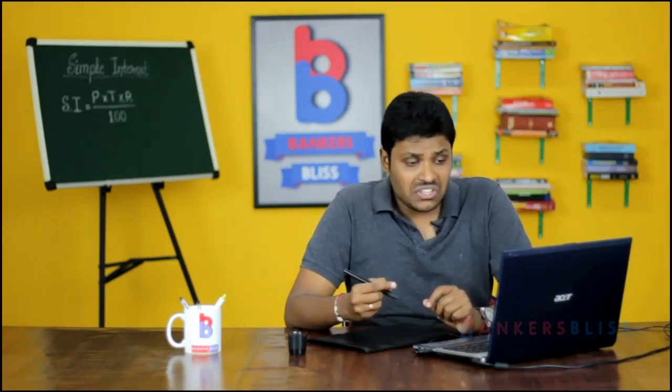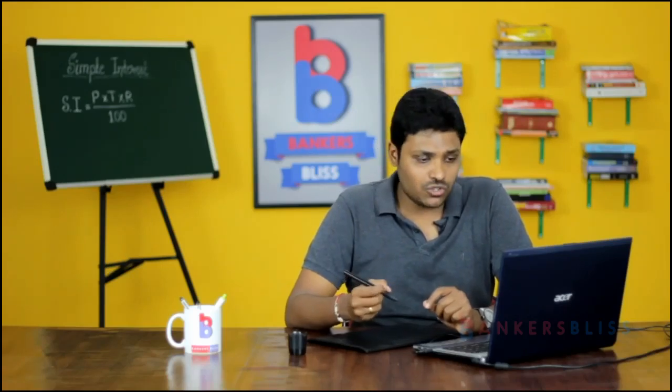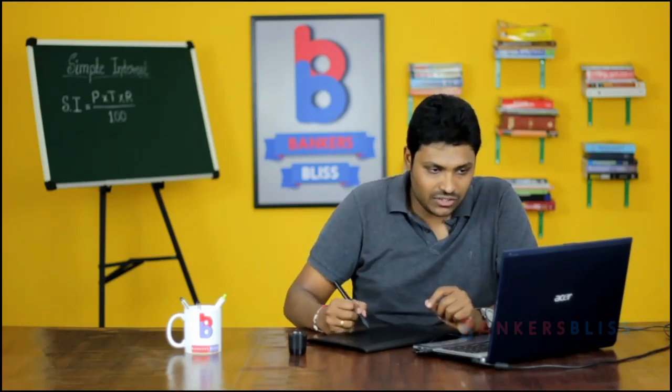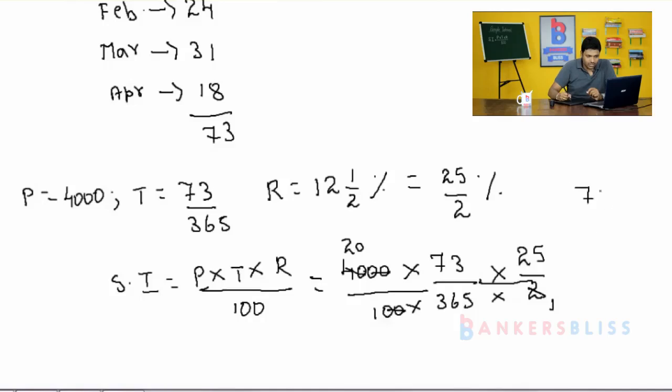So probably 73 into 5 may be 365; we have to check. 73 into 5: 5 3s are 15, 1 carry over, 7 5s are 35 plus 1, 36. So exactly it is divisible by 73. 73 5s are 365, and 5 5s are 25.